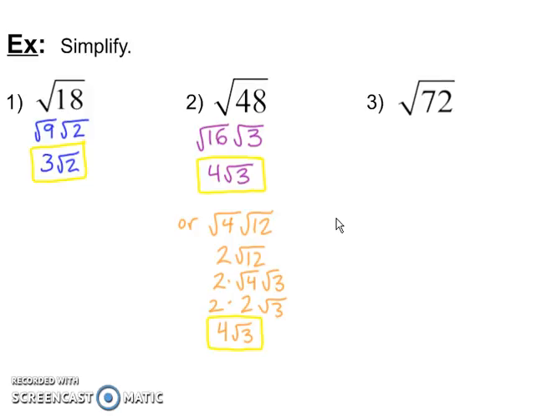So the fastest way to do this is to recognize that 72 is 36 times 2, so root 72 is root 36 times root 2, which the root 36 will simplify to 6, and we still have that root 2 there. So our final simplified answer for number 3 is 6 root 2.